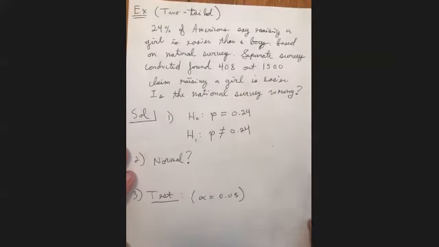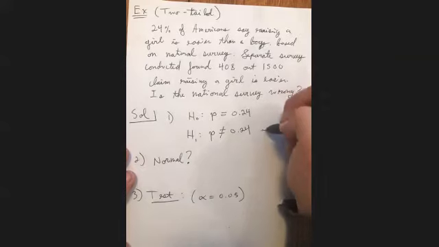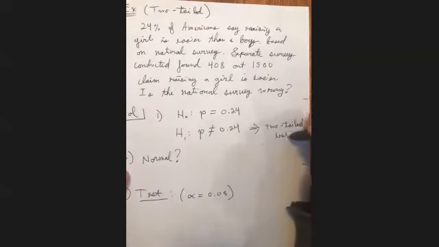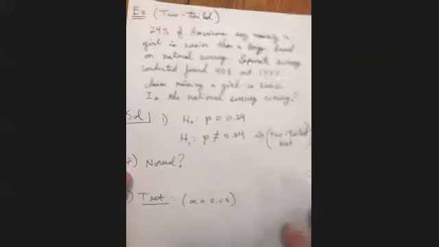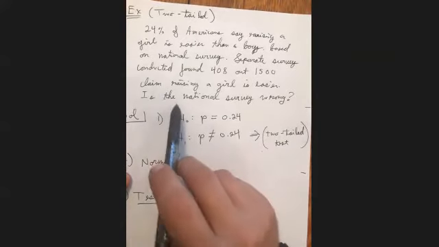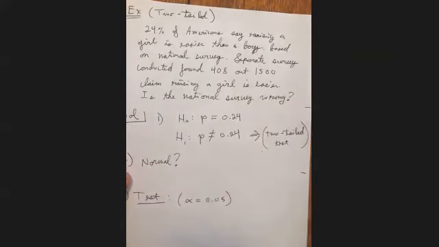Okay, so from the alternate hypothesis, we can tell that this is a two-tailed test because it's not a greater than, it's not a less than, it's a not equals to. So, two-tailed test. All right, now what's the claim? The researchers want to know whether the national survey is wrong.